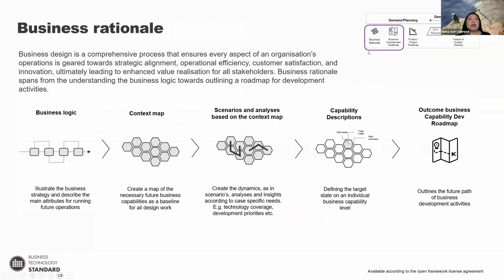Well, when you start off with demand planning, you have your organization's business rationale. So what is the business logic behind your organization? From there, you would derive a context map for your different capabilities, for example, or what you want to develop. And from there, you would identify the different linkages or elements that interact between those elements.